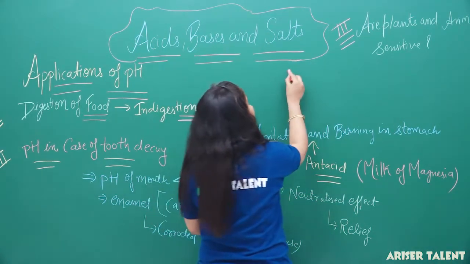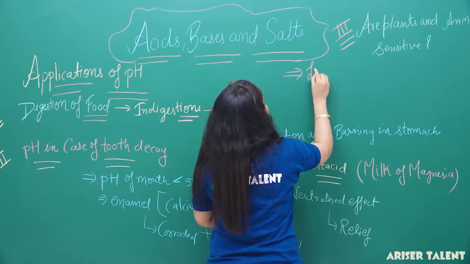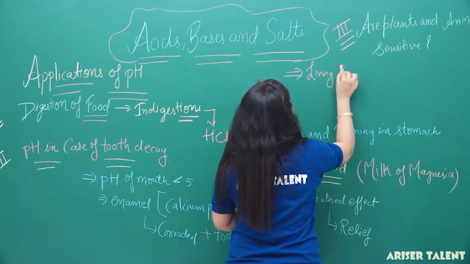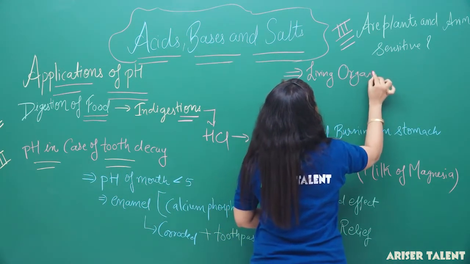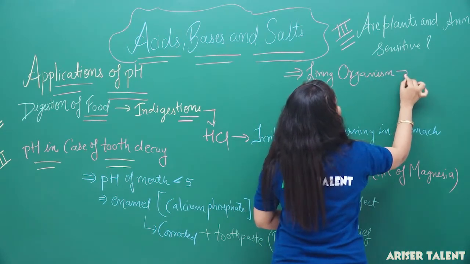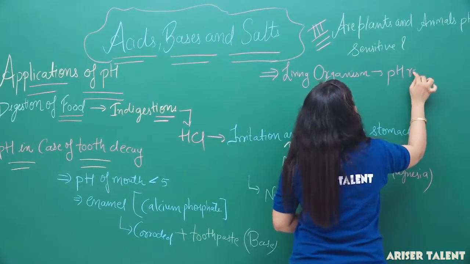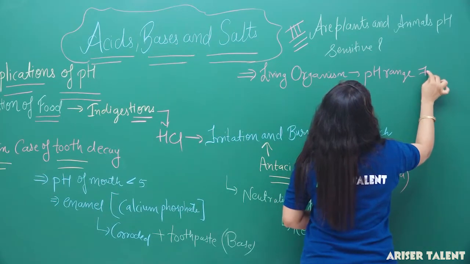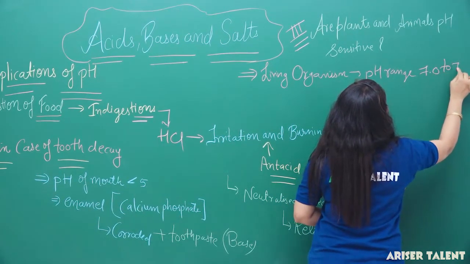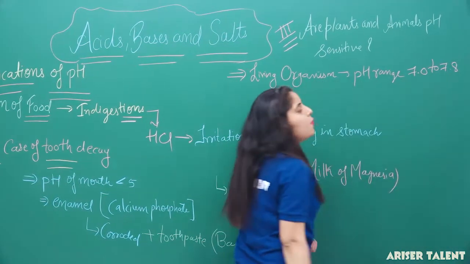So for human beings or living organisms, the pH range is 7.0 to 7.8.